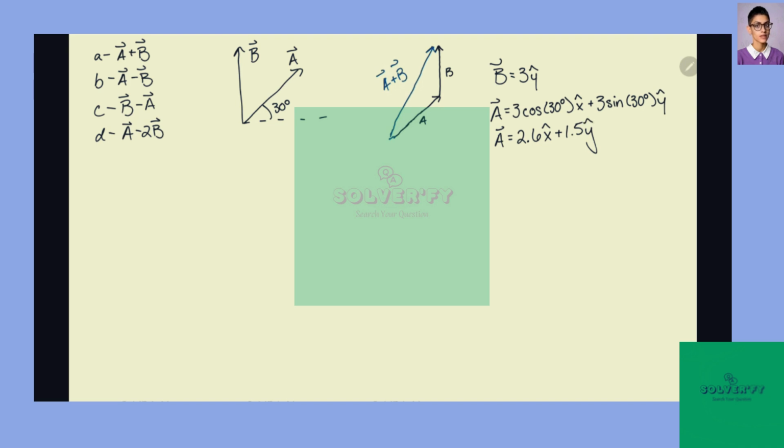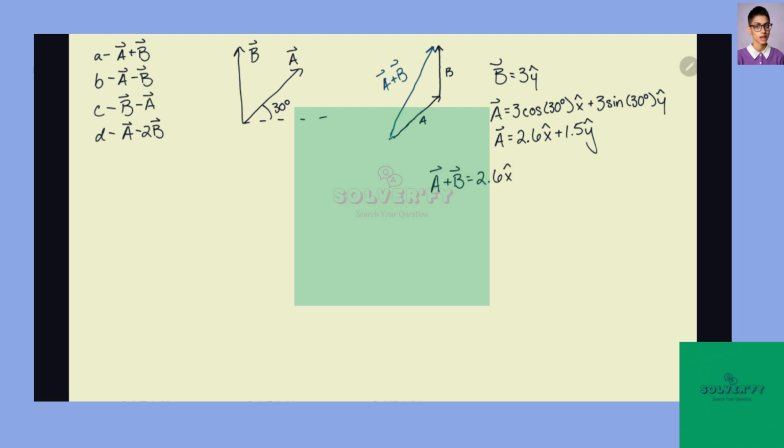So to determine A plus B, what we want to do is add each component with each component. So we want to add the y's with the y's and the x's with the x's. A is the only one with an x component, so that makes my life a little bit easier.